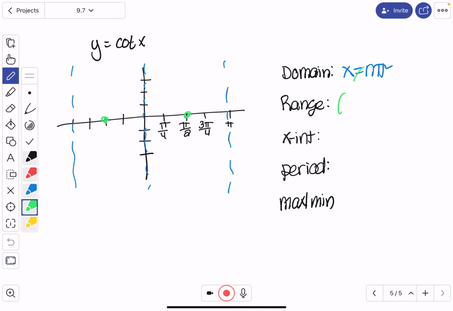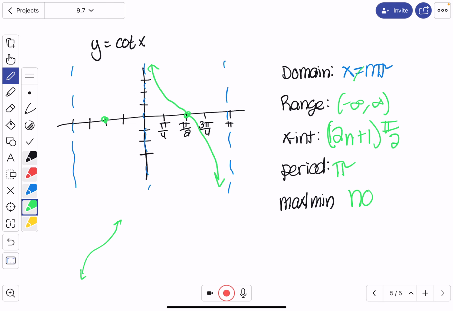Our range is negative infinity to infinity. So our domain and our x-intercepts have traded places. Period is still pi, and there's still no max and min. Tangent, if you remember, was increasing. So cotangent is going to flip that and be decreasing. So there's your cotangent graph.